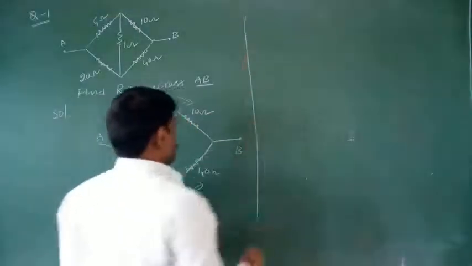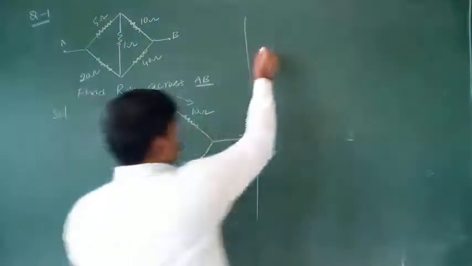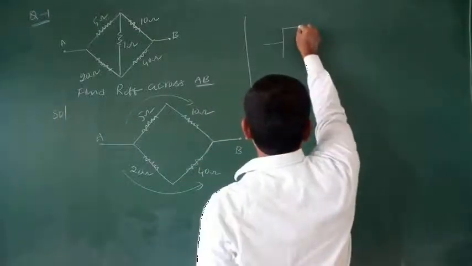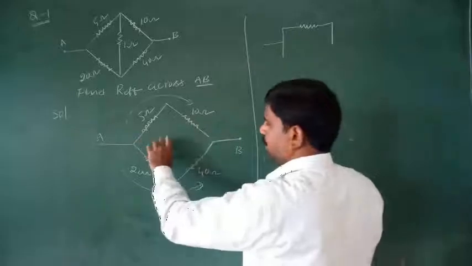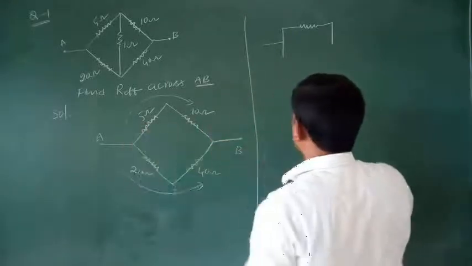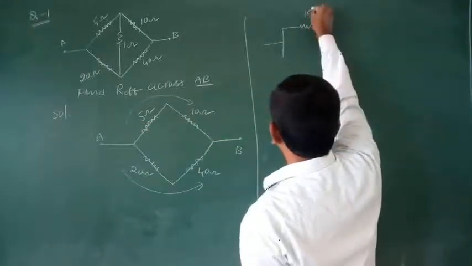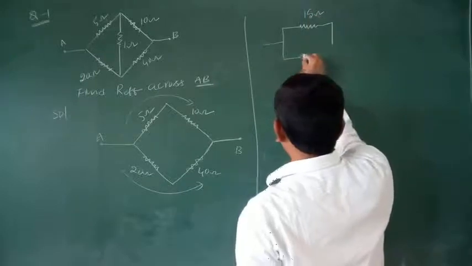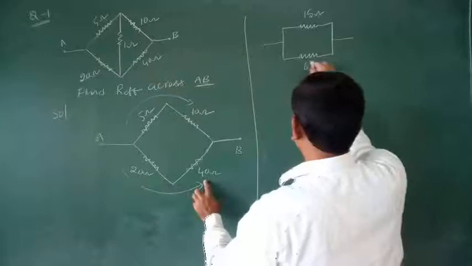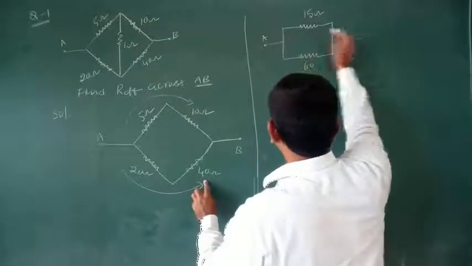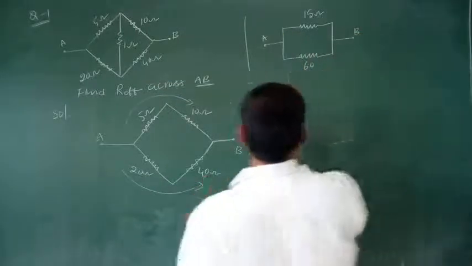When both are connected in series, effective resistance is equal to R1 plus R2, that is 15 ohms, and here effective resistance is equal to 20 plus 40, that is 60. This is the point A and this is the point B.